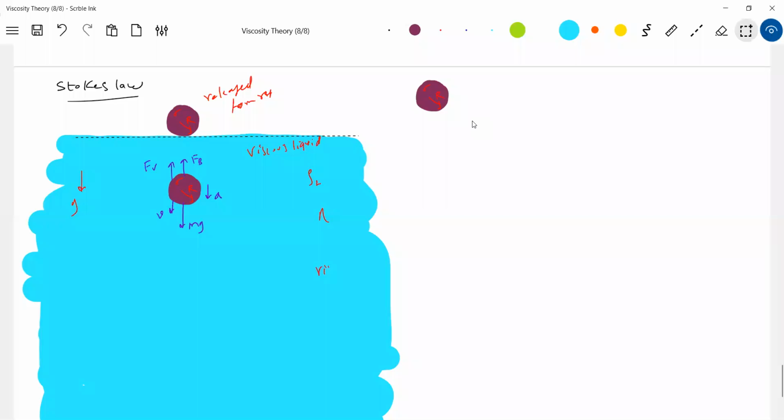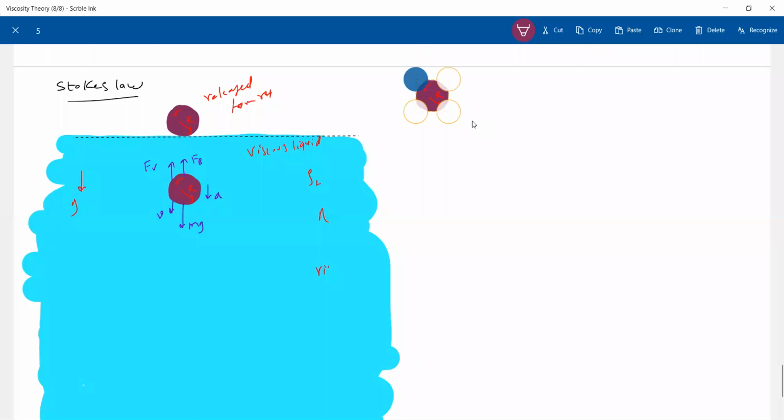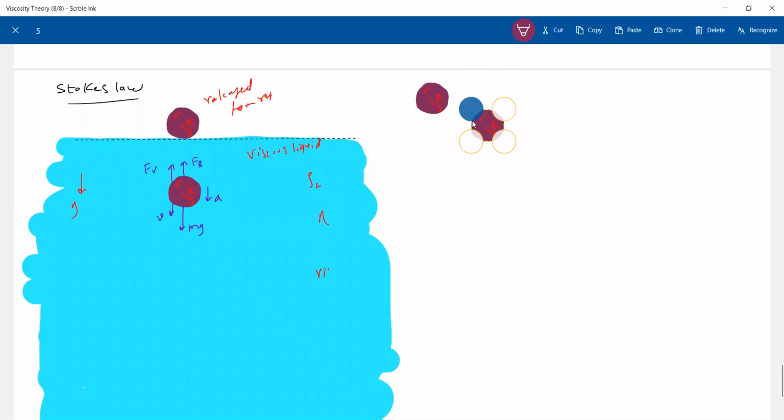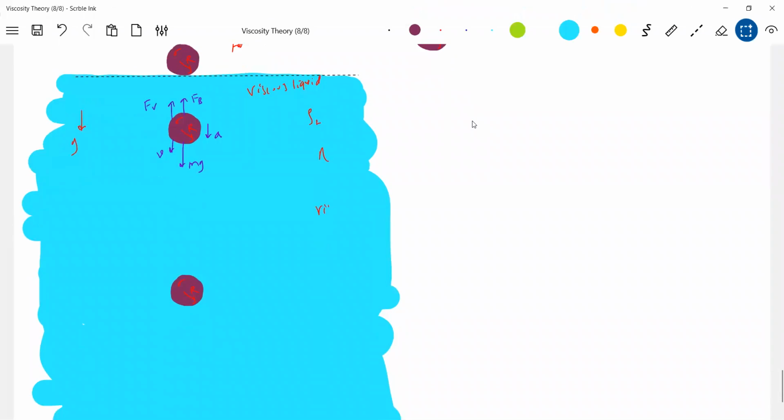And what will happen to this particular sphere? It is going to move with a constant speed. So here, what is the condition? Mg.